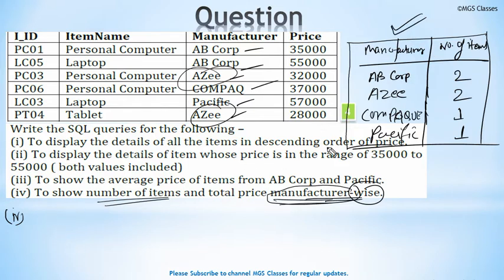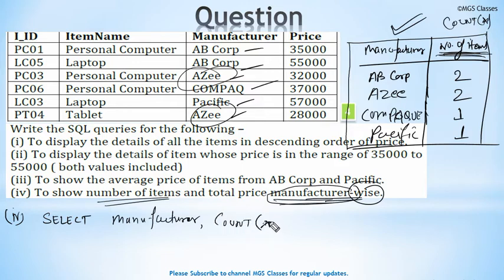So for that purpose you will apply GROUP BY on the manufacturer column, and to count the number of items you will use the COUNT function. So you will use COUNT star, and here you will apply GROUP BY. How will you write it? Select, then in the output what do you want? The manufacturer and the number of items. So you will write manufacturer here, and then for the number of items you can use the COUNT star function.